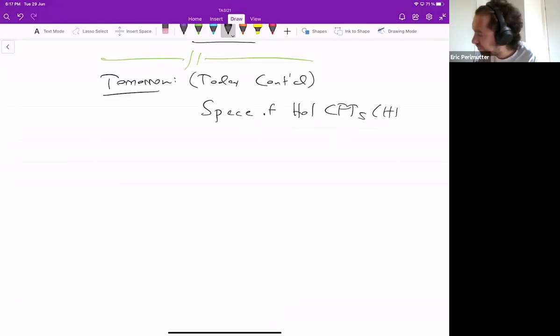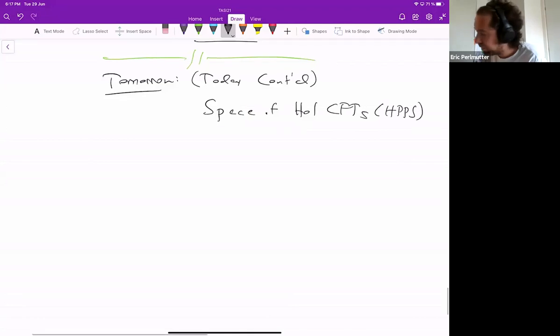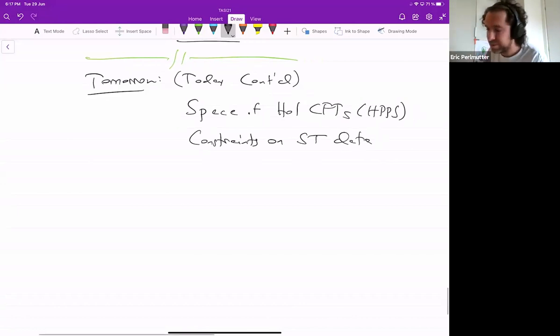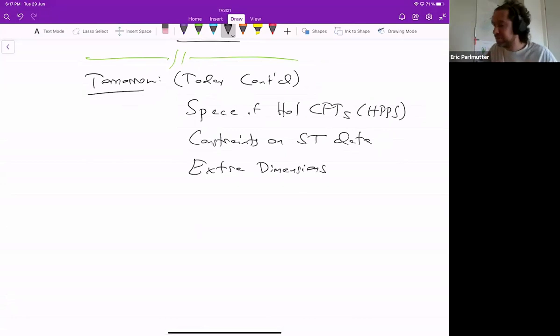This will involve this HPPS paper in particular, which set off this whole subject, and whether and how one can constrain the single trace part of the spectrum, which is really the Bootstrap question about what kinds of theories you can have. This will allow us to talk about the role of extra dimensions. And so let me just conclude with that for today. Thanks.